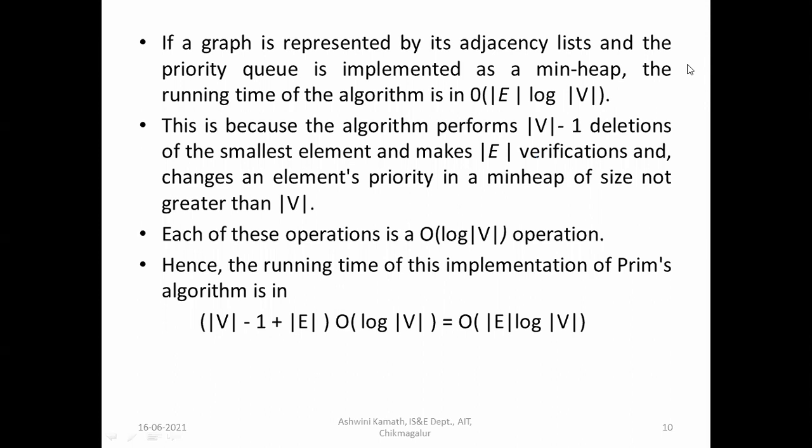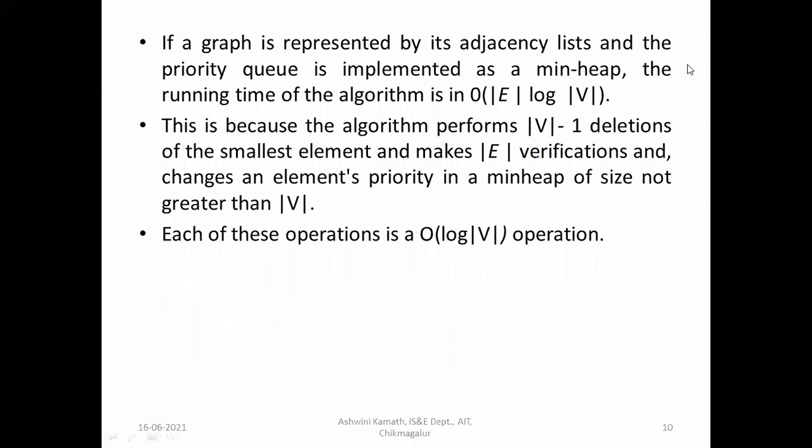So this is Prim's algorithm efficiency when we implement the priority queue. Because in a connected graph we'll be having number of vertices minus 1 less than or equal to number of edges.